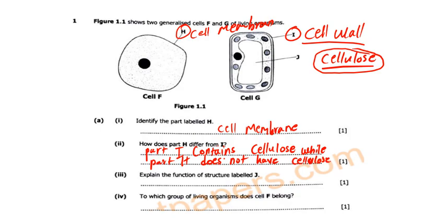Now the other question is saying, explain the function of the structure labeled J. The structure which is labeled J is this one. What is the function of this structure? You don't have to name it, you can go direct to the function, because they have just asked what the function of the structure labeled J is.